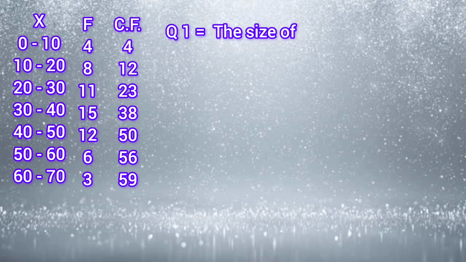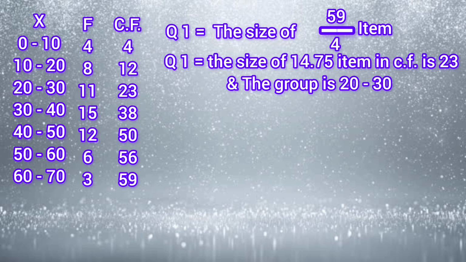Therefore Q1 is equal to the size of (number of observations n = 59) divided by 4 item. After solving this we get lower quartile item Q1 is equal to the size of 14.75 item. CF is 23 and the group is 20 to 30.